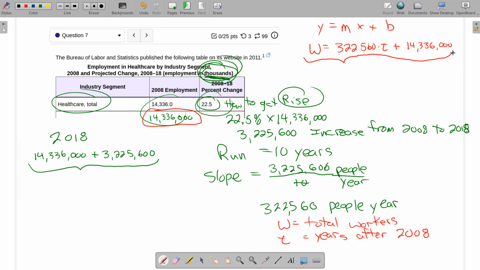So what I want to do next is double check that that matches my calculation here to see if it's right. If I let T equal 10, that would be 10 years later, which should give me 2018. So if I plug in 10 here, that's going to tell me what's going on in 2018. I want to compare that calculation to this calculation to see if they match. Let's get a calculator.